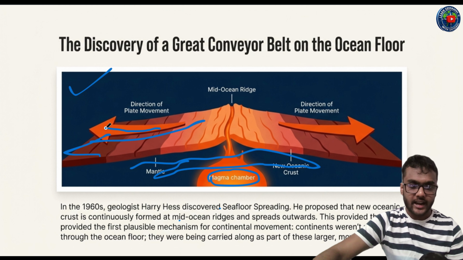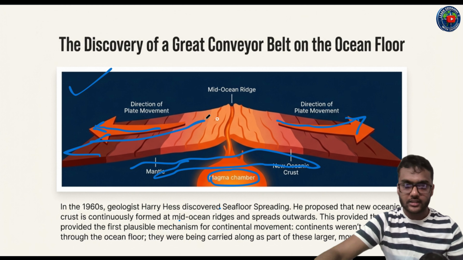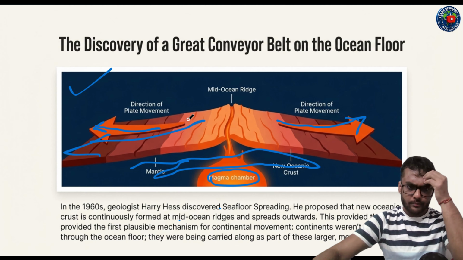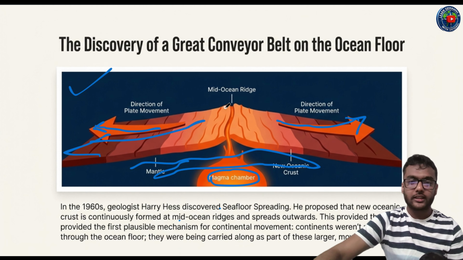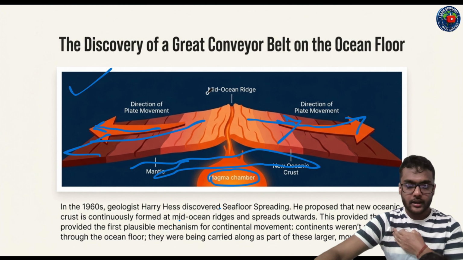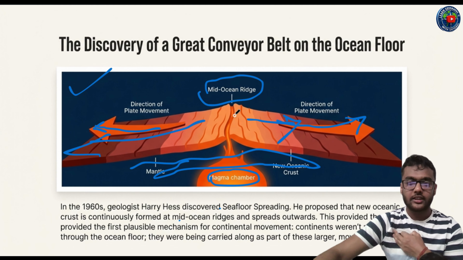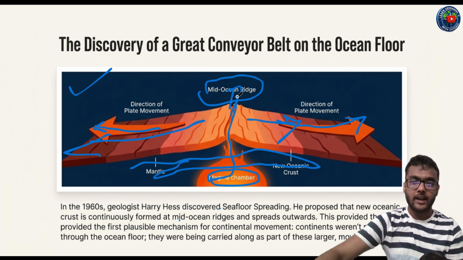This is the direction of a plate towards west, and this is the direction of a plate towards east. If two plates move away from each other in different directions, a mid-ocean ridge might emerge, because the magma will rise upward.